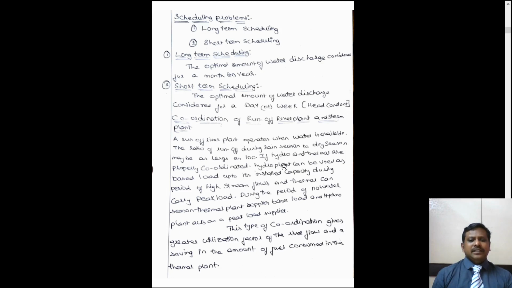If hydro and thermal are properly coordinated, the hydro plant can be used as a base load up to its installed capacity during the period of high stream flows, and thermal can carry peak load during the period of no water season. Thermal plant supplies the base load and hydro plant as a peak load.